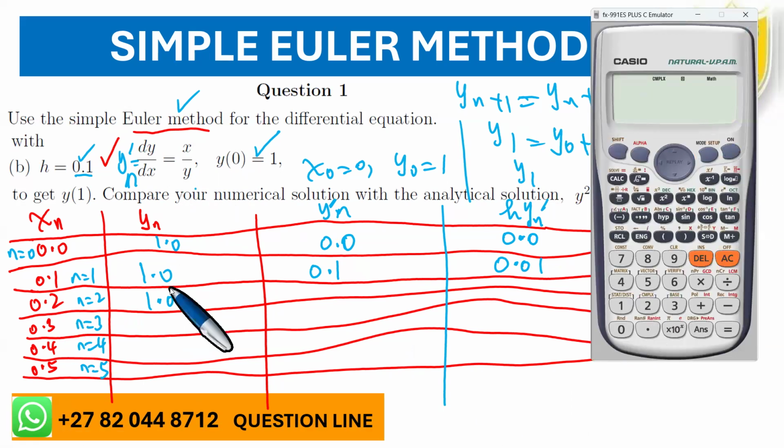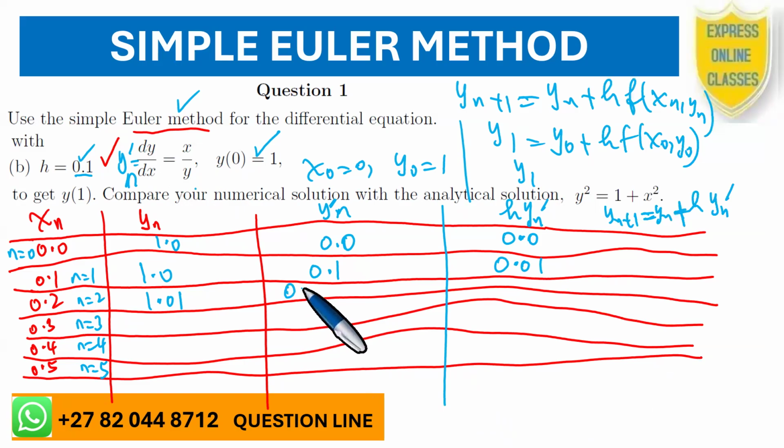The x is 0.2, divided by 1.01, and then you get the answer: 0.198019802.